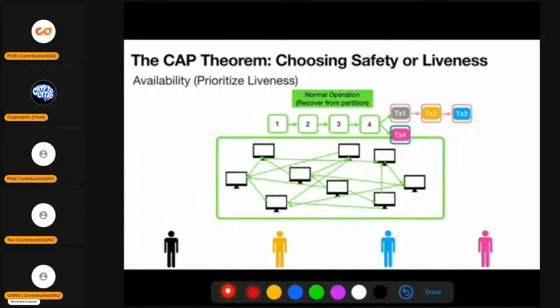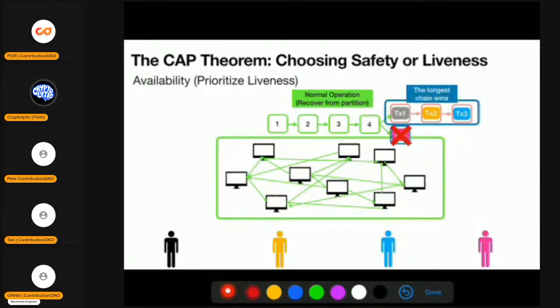When the network resumes normal operation, the groups exchange some information and see that they have two separate chains, and we call this a fork. So in this case we have two forks, and we have to use a fork choice rule to choose which fork we are going to follow.